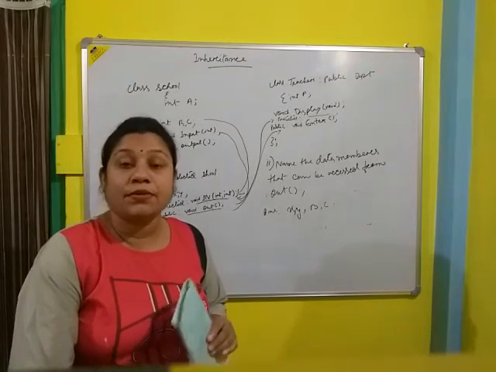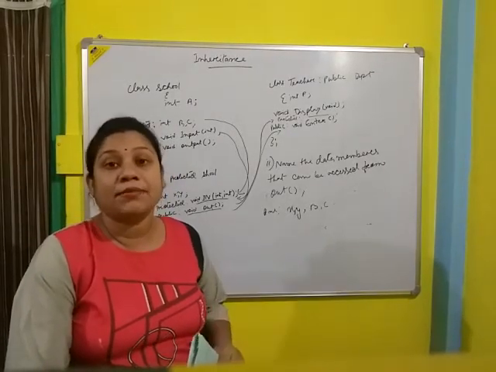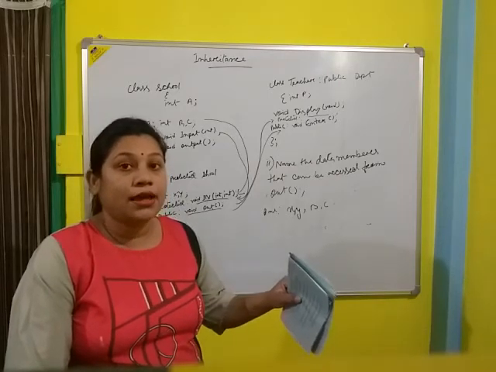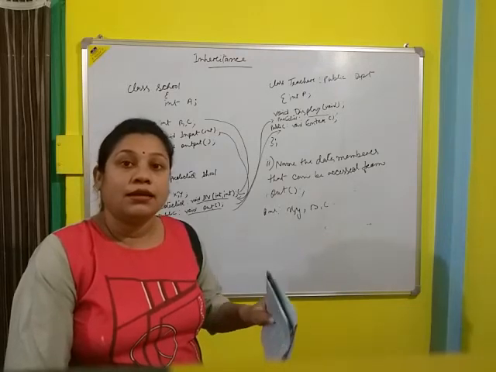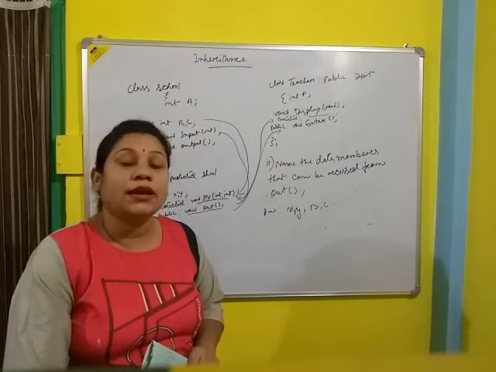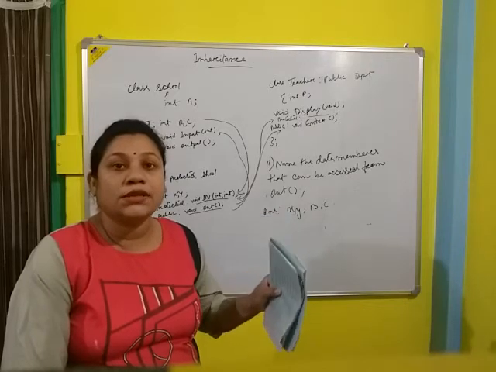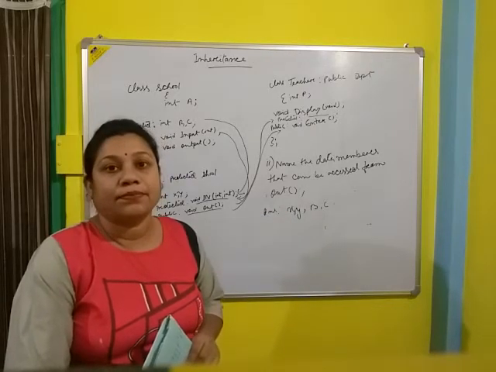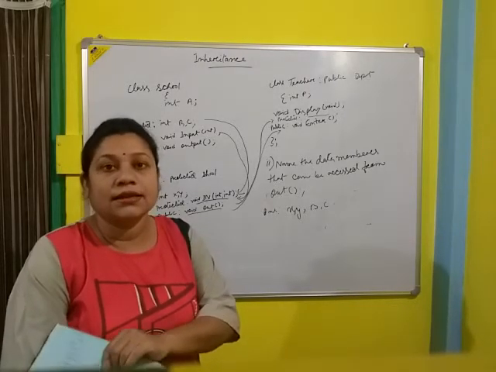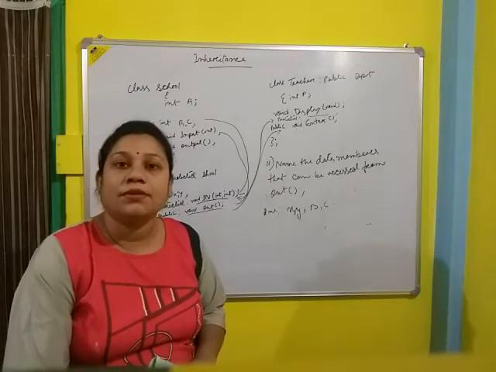According to the requirement of the program, if we need the private data members of the base class, but according to the access specifier of the inheritance, you cannot access the private data members. So for those data members which are required by the program using inheritance, it is better to declare them at the protected level.